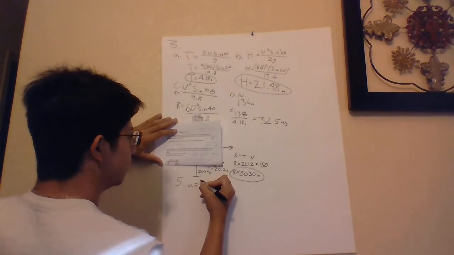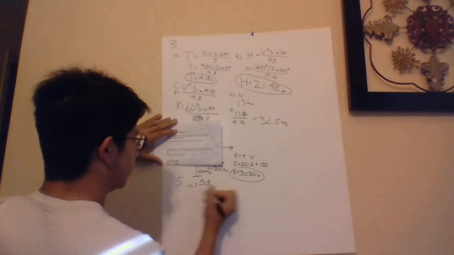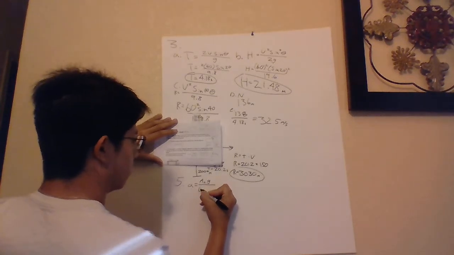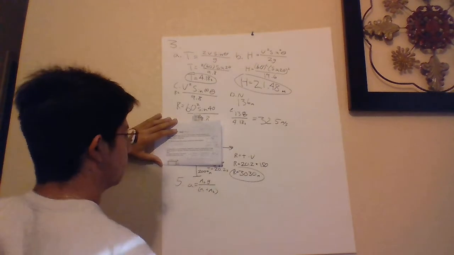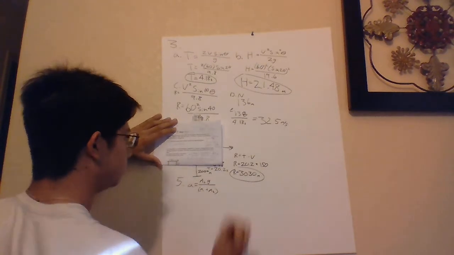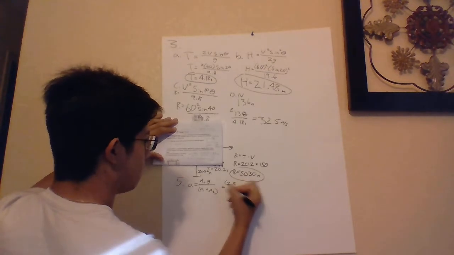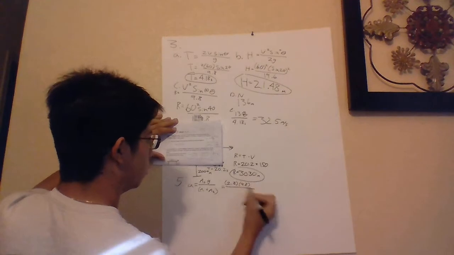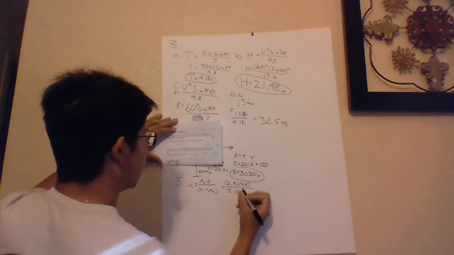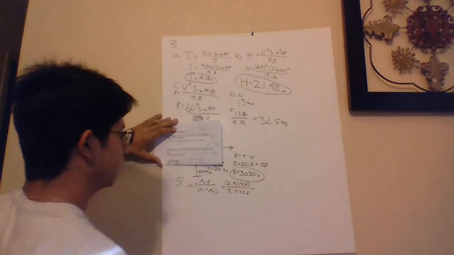Acceleration is mass 2 times gravity over mass 1 plus mass 2. We plug that in, 2.8, 9.8, over 3.5 plus 2.8.